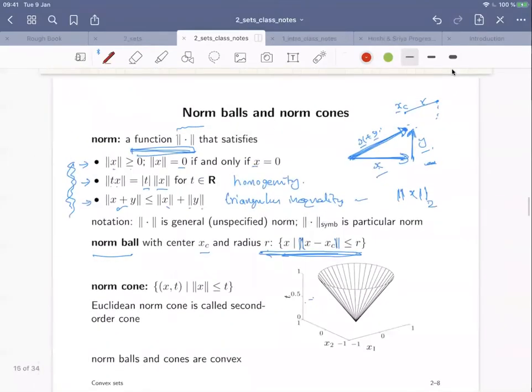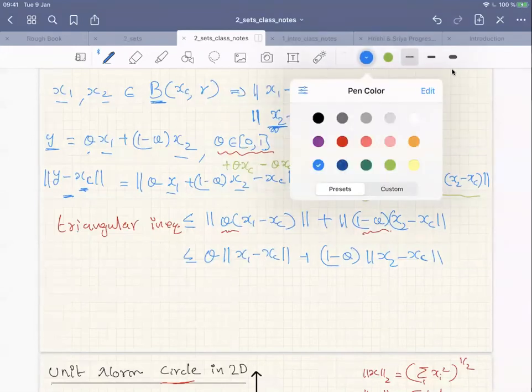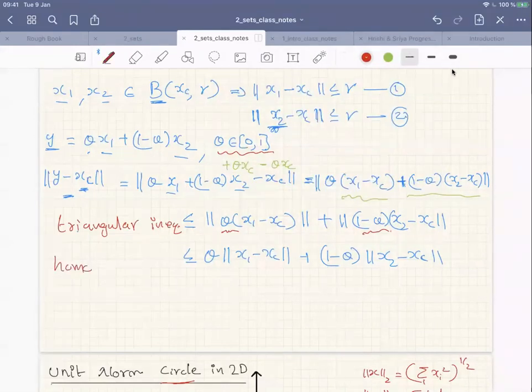We don't need to put the absolute value of theta because we consider theta to be positive in the range 0 to 1. So this is less than or equal to theta times the norm of x1 minus xc plus 1 minus theta times the norm of x2 minus xc. Here we applied homogeneity, right?